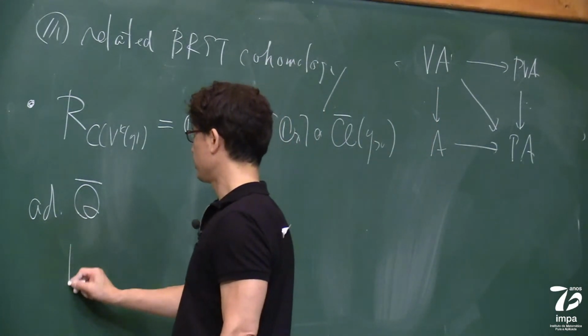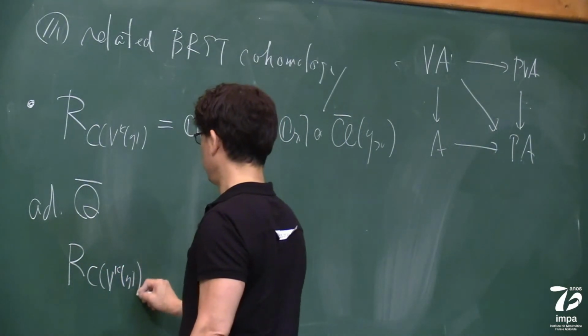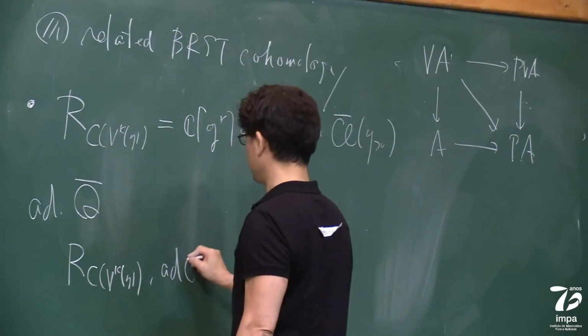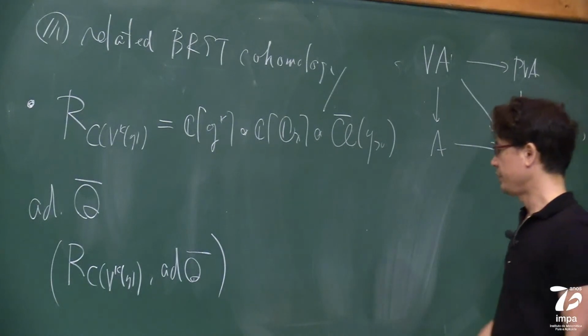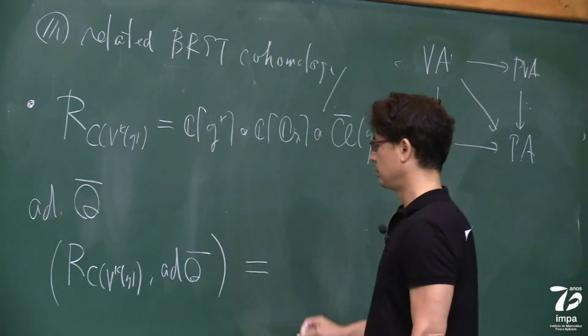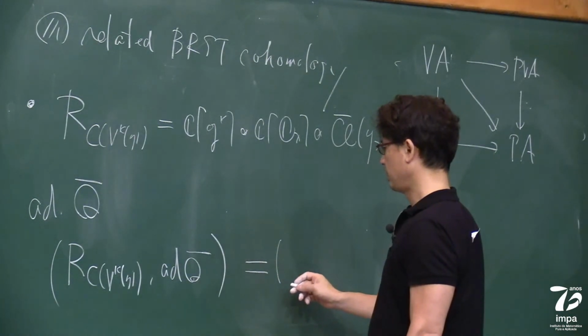So we can consider the differential graded Poisson algebra defined by ad Q. But this is identical to the complex I explained in the beginning.